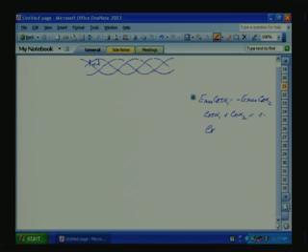Because the other converter is in the inversion mode, it is more than 90 degree. Cos alpha 1 is equal to minus cos alpha 2, which is cos of 180 minus alpha 2. So, this shows that alpha 1 plus alpha 2 should be equal to 180 degree.